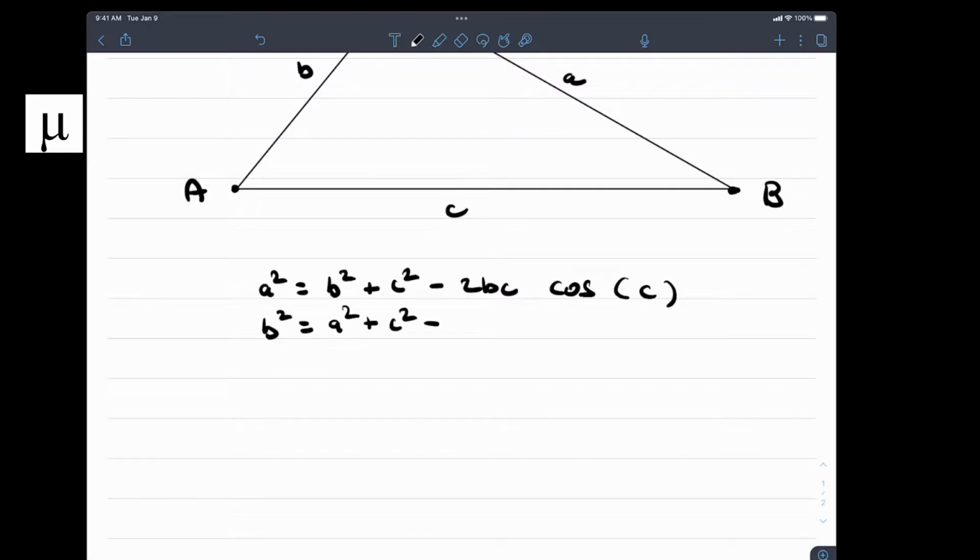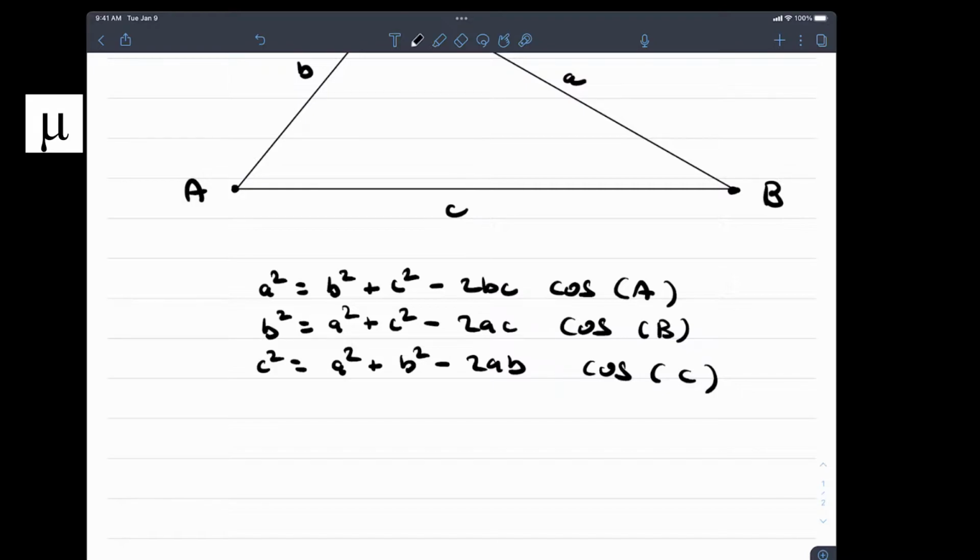A squared plus C squared minus 2AC cosine of B. And I apologize, that's cosine of A. Okay, and now you have C squared will be A squared plus B squared minus 2AB cosine C.